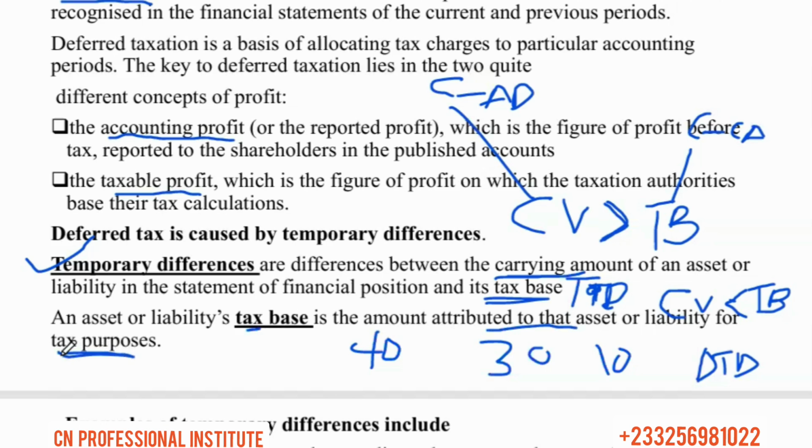So it is the amount at which they are holding the assets in their books for tax purposes. We know carrying value already. So tax base is the amount attributed to an asset or liability for tax purposes.